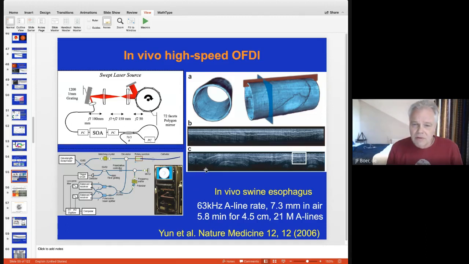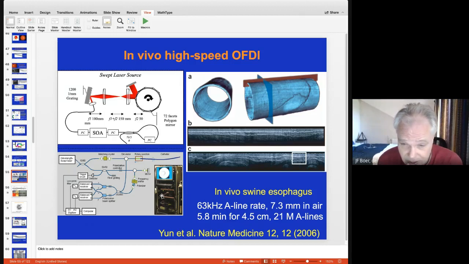So to give you one example, this is such a clinical system, basically a card with the whole optical system and the computers and all the data processing put into it. You have to realize that data acquisition becomes an issue all of a sudden too.